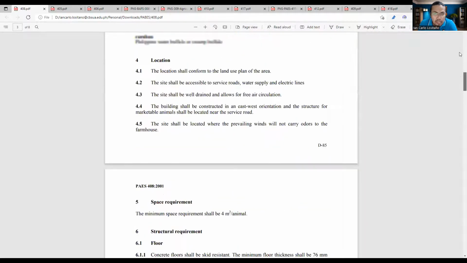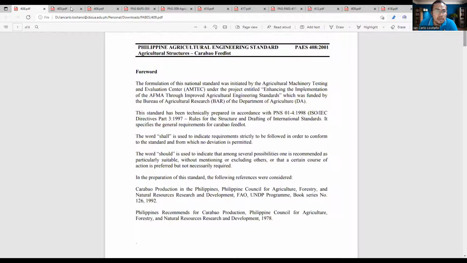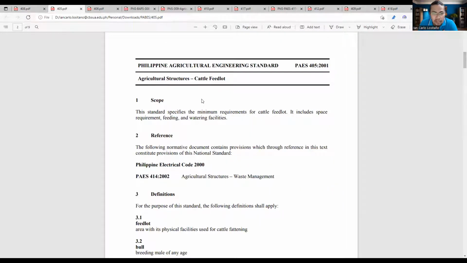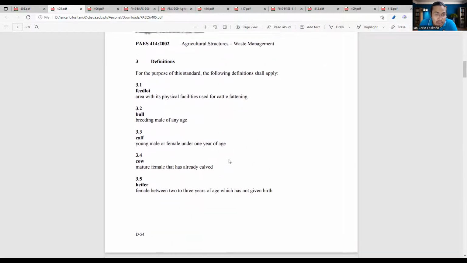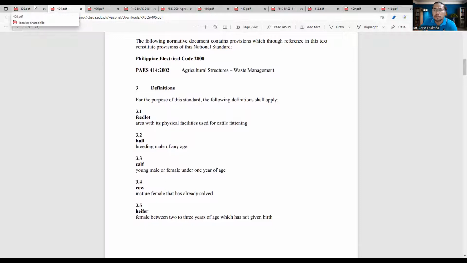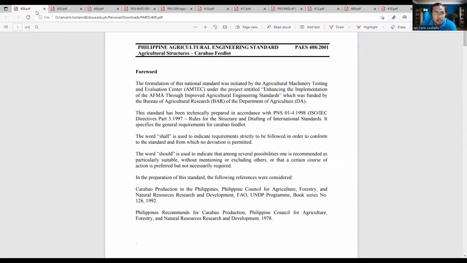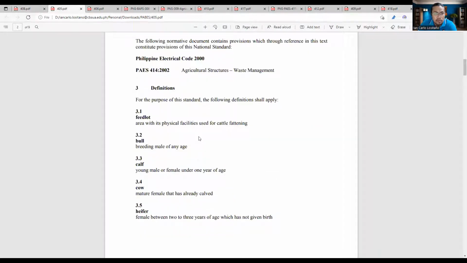Okay, so next we have the feedlot for cattle. If you look at this in terms of structure and components, this is consistent with that of the one for carabaos, but this takes into consideration the size of the animals, from the bulls to the calf and to the cow and to the heifer.